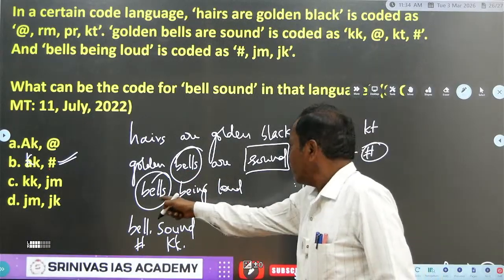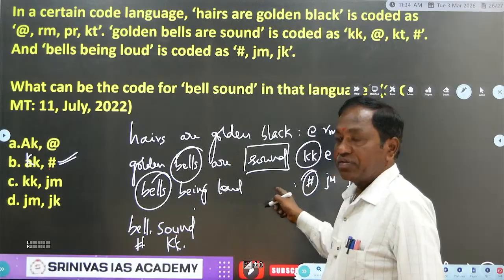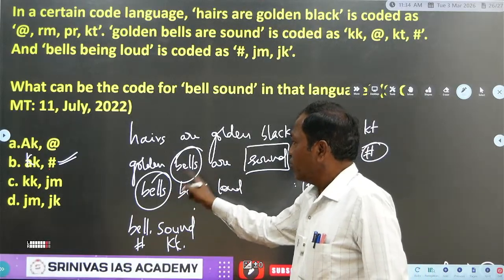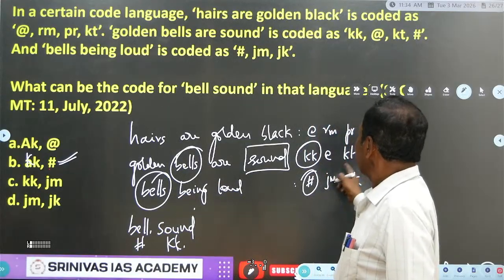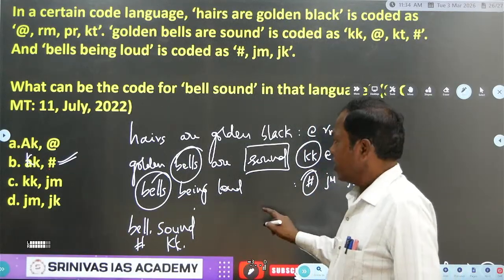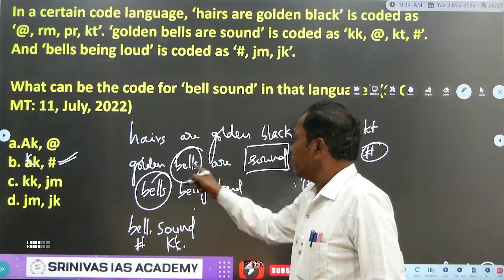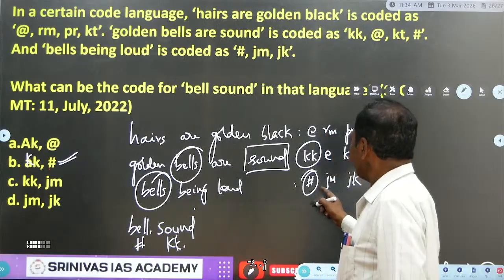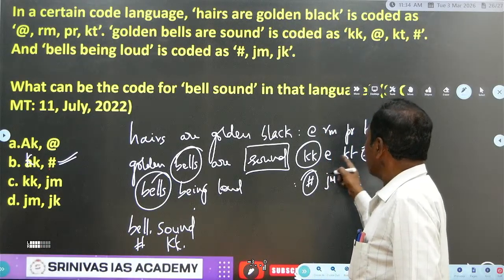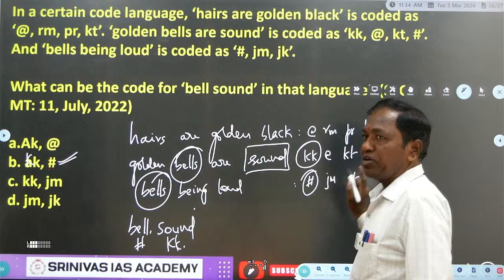Here the first is not the same. Then you have to see the commonality between the second group and the third group. ASH is common. Being is not repeated here, and loud is not repeated here. In the same way, ASH is repeated. JM is not repeated here, JK is also not repeated here.